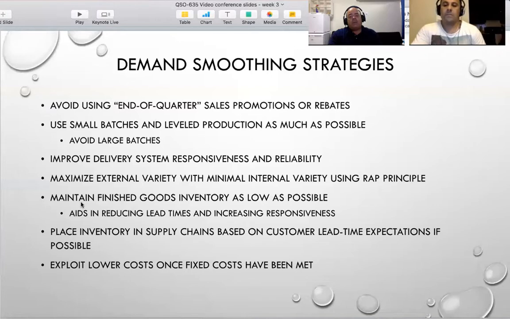And since we've already met our fixed costs, why don't you go up to the customer and say, hey, we can't give you 5,000 product A, but we'll give you 5,000 product B, and we'll give you a little bit of a cut in price because we've already met the fixed costs. So this is all profit. And you'd be surprised at how many customers say, okay, yeah, I may have been expecting product A, but I really don't need product A. I can do product B.